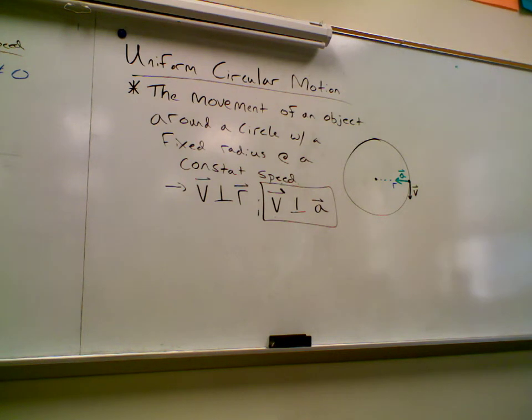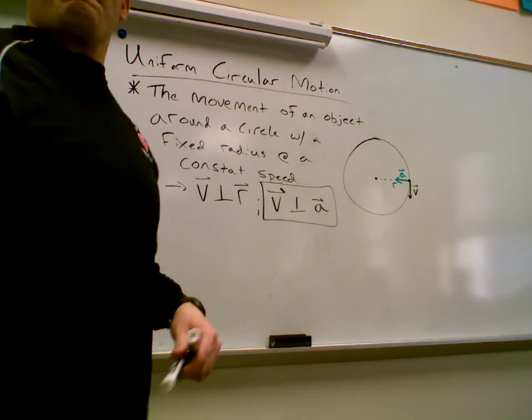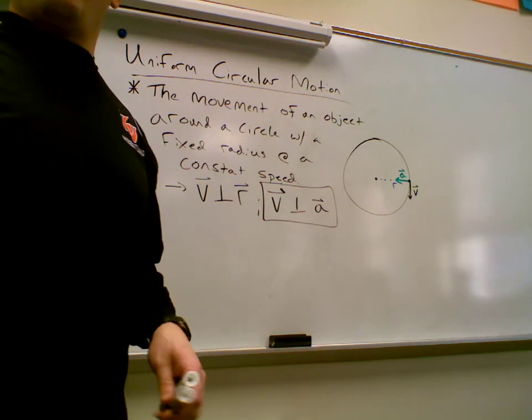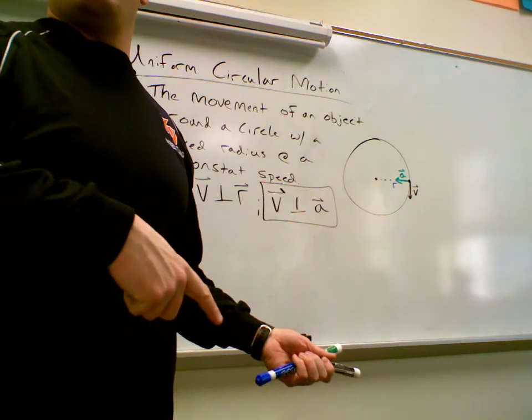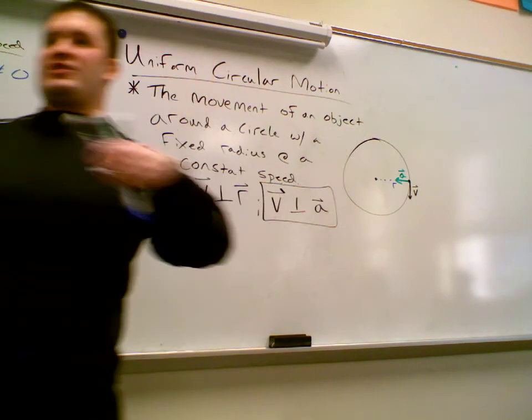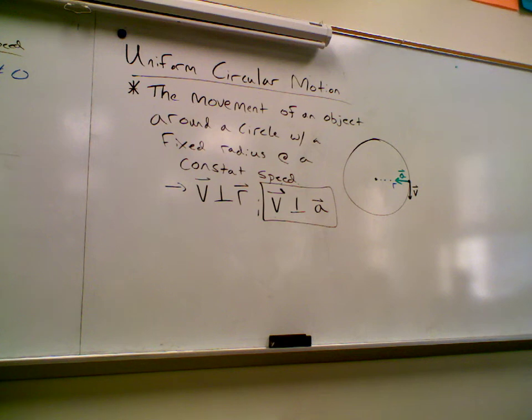What's the net force acting on the bucket as it goes around the circle? Do the second law. F net equals ma, right? So the acceleration is indicative of the net force, right? So which way is the net force? Towards the center, right?